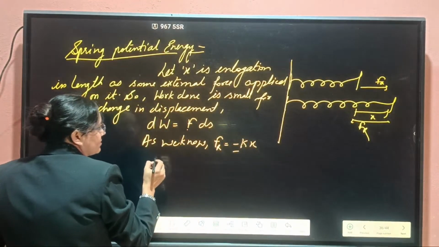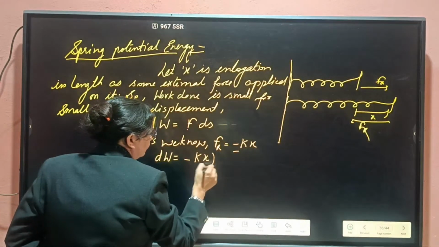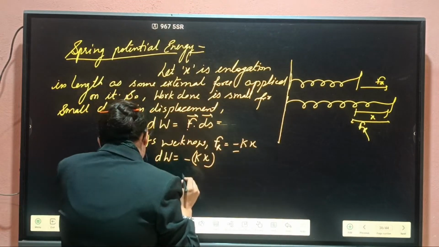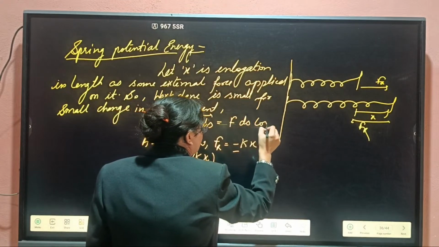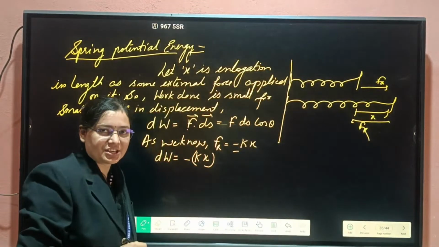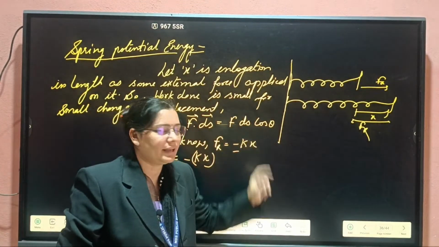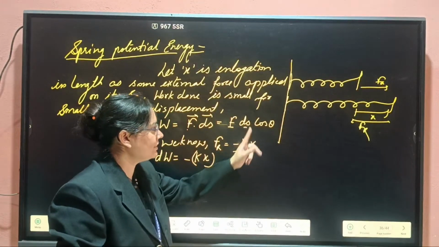Now put it in this equation, then dW we can write as minus kx. Clear? Here it will be a dot product. As you remove this dot, we can write F ds cos theta. We are solving in each case, removing the dot product and writing cos theta. So theta is the angle between the force and the displacement.